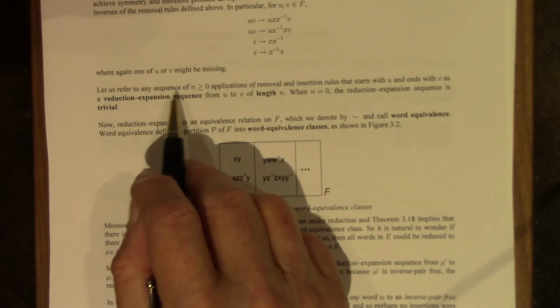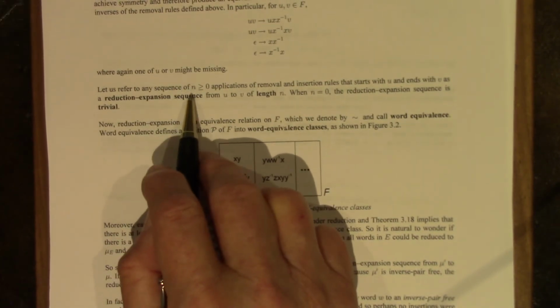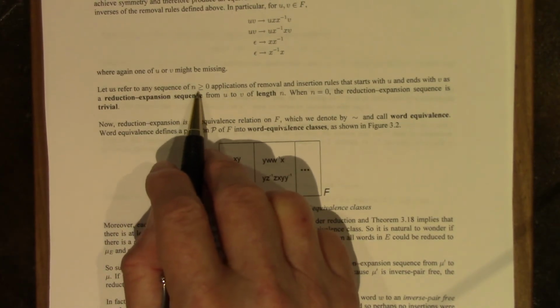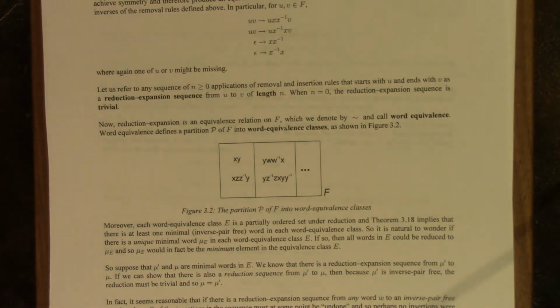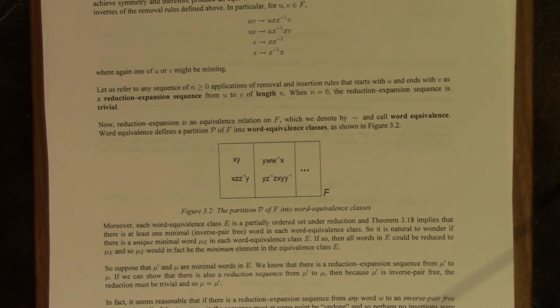So we will refer to any sequence of n, again n could be 0, applications of removal and insertion rules that starts at u and ends at v as a reduction expansion sequence from u to v of length n.